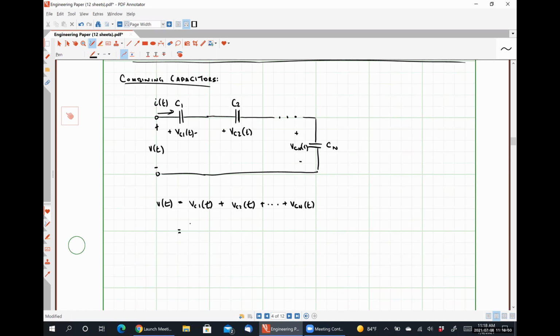Which would be 1 over C1 times the integral from negative infinity to t of i of t' dt' plus 1 over C2 times the integral from negative infinity to t of i of t' dt' plus 1 over C sub n integral from negative infinity to t of i of t' dt'.